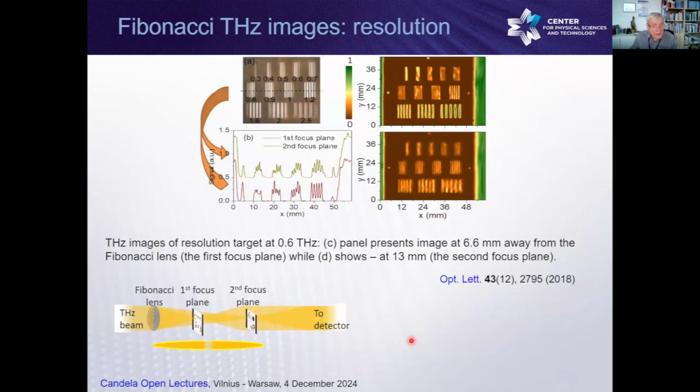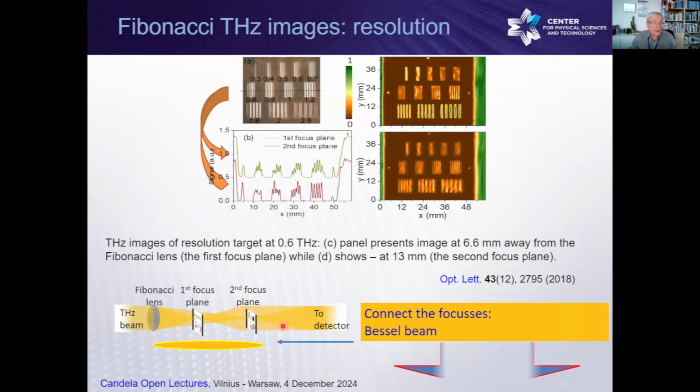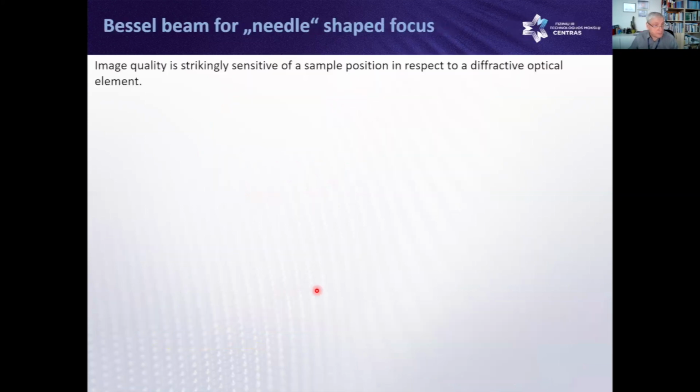But in fact, that is not so practical, because what we need is to connect the foci, to have a needle, a so-called Bessel beam, for good operation in imaging.